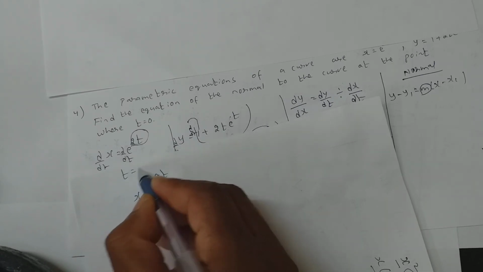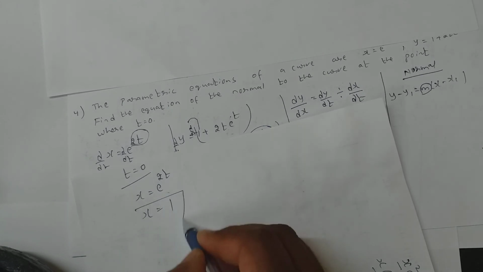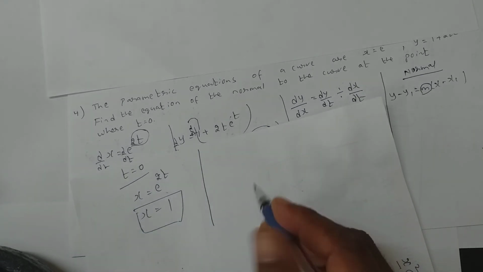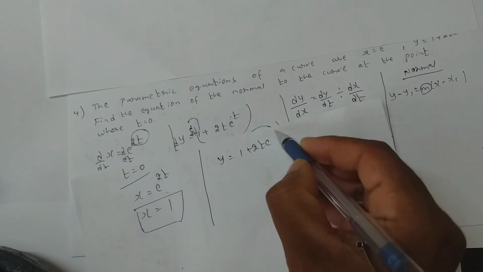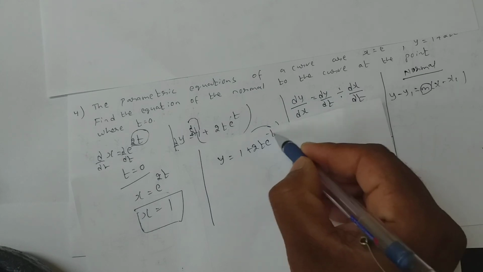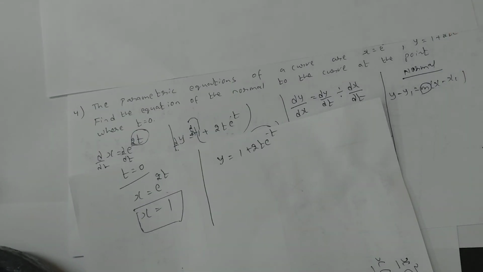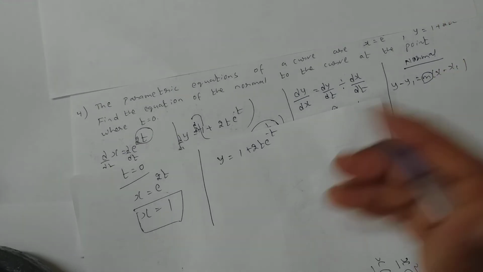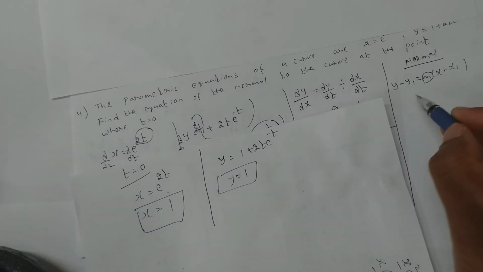When t equal to 0, how much will I get for x? E power 0 is 1, so I get 1. Y equal to how much? 1 plus 2t e power minus t. So when you place t equal to 0, how much will you get? You get only 1.